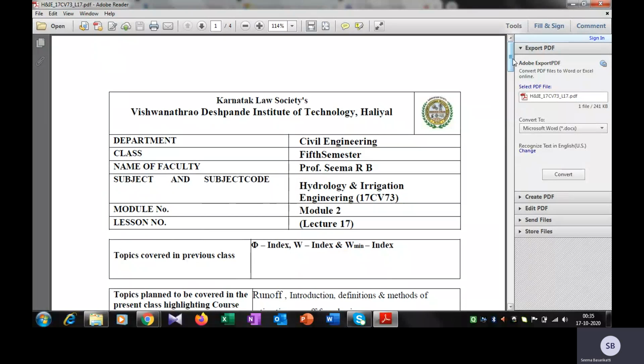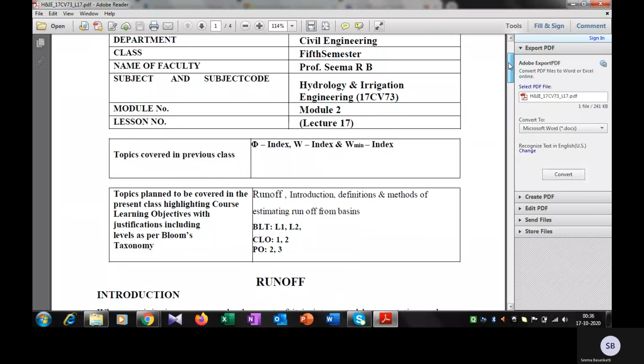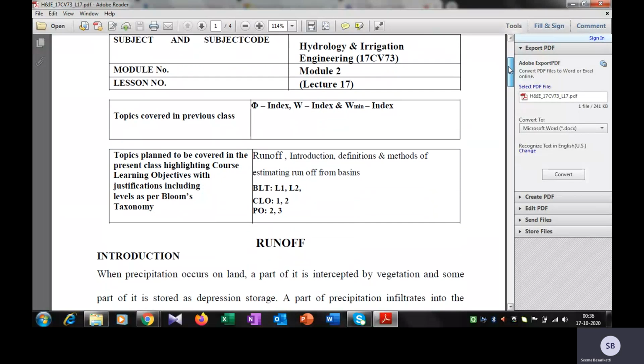So today I will be dealing with the subject hydrology and irrigation engineering, and I will be explaining you the seventh lecture of this particular subject. So the topics covered in the previous class were phi index, W index and W minimum index.